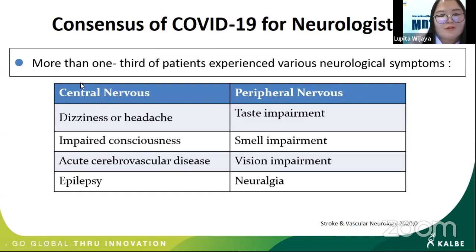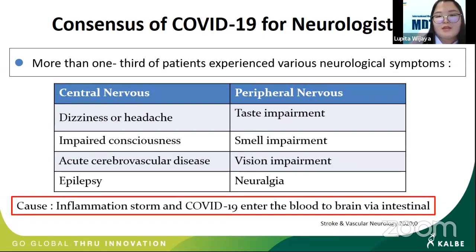From the central nervous system, they will feel one of these symptoms: dizziness, impaired consciousness, or maybe epilepsy. And from the peripheral nervous system, the patient will feel one of these symptoms like taste impairment, hyposmia or smell impairment, or vision impairment, up to neuralgia.